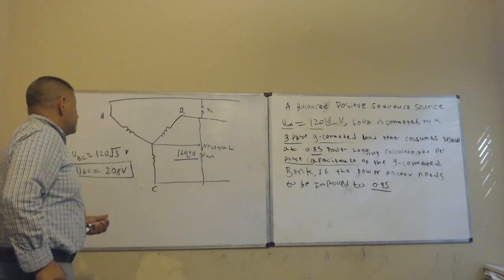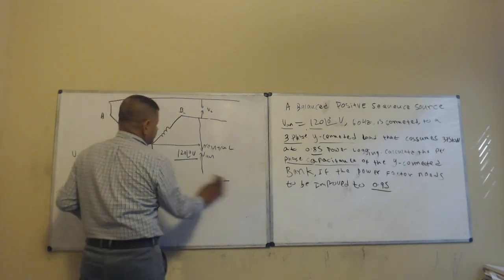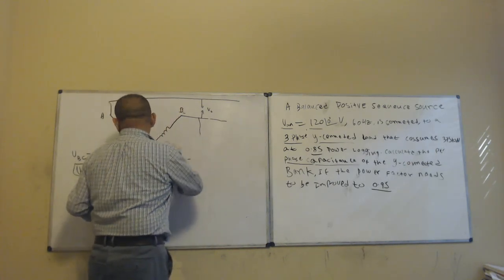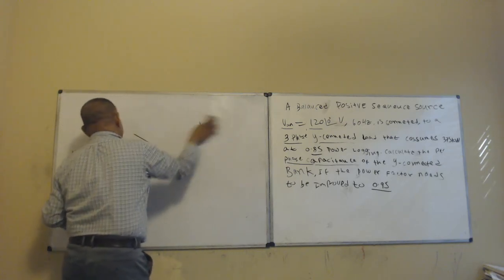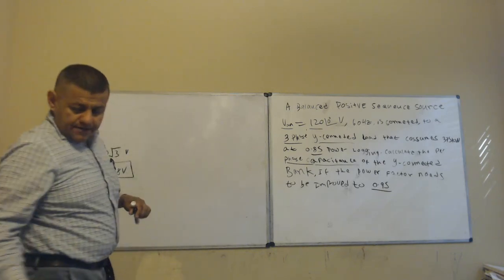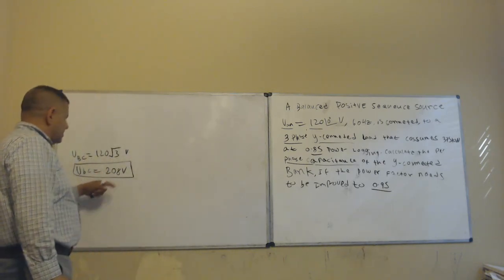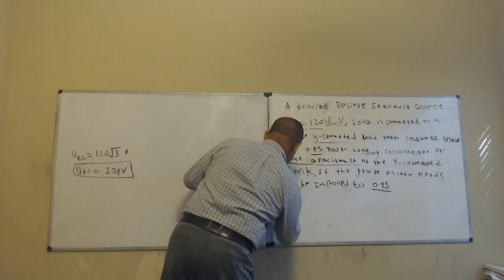Okay, so basically we got this. So we have a B phase that is 208. Let me put this right here.